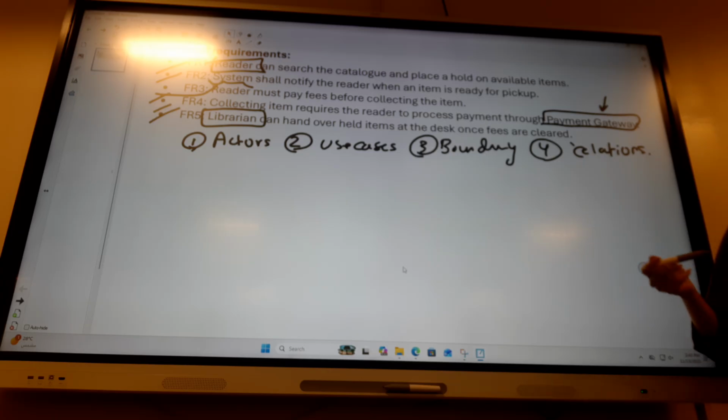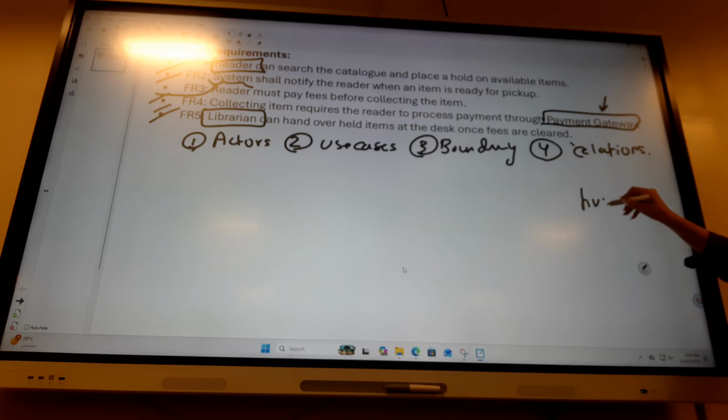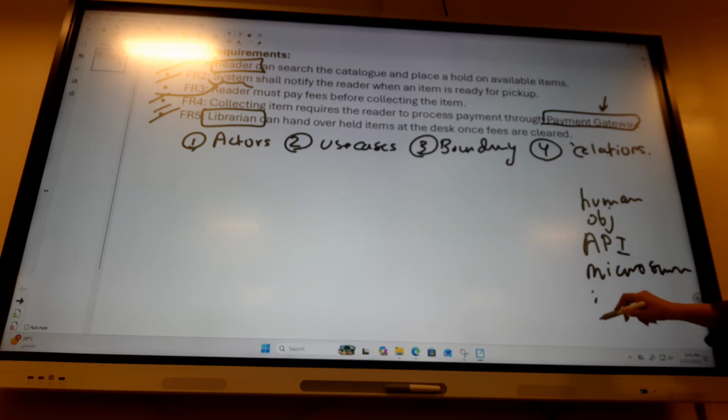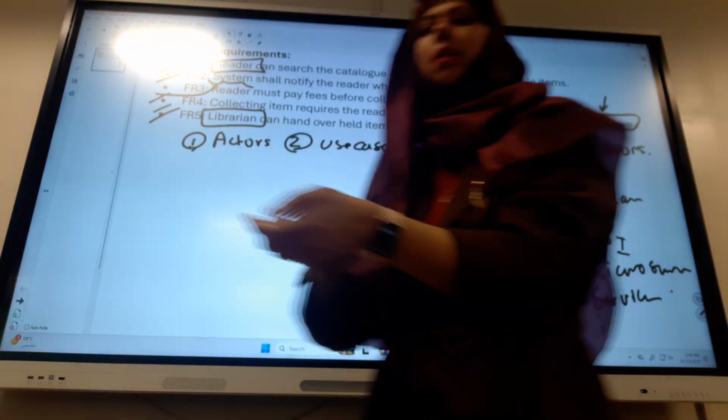Okay, who are the actors? When we say it's a human, right? I thought payment gateway is an object, it's an API, like an external system, a microservice. Any possible service provider could be simply counted as an actor. So again, when I say, for example, I'm using PayPal, do you actually implement PayPal?